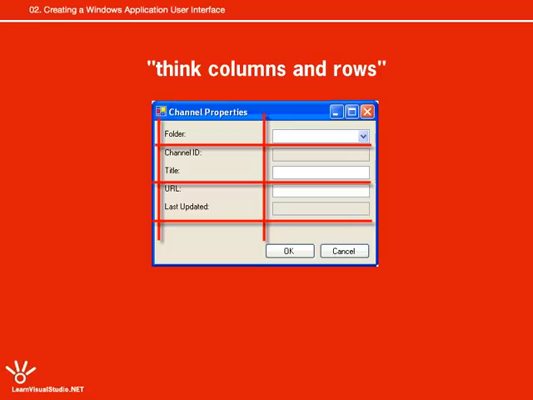If you're trying to build a data entry form, or a form that allows users to change the properties of your application, attempt to keep the labels in one column on the left, and then keep the controls where the data will be entered and modified on the right. Keep the action buttons like OK, Apply, and Cancel in the lower right-hand corner of the form.